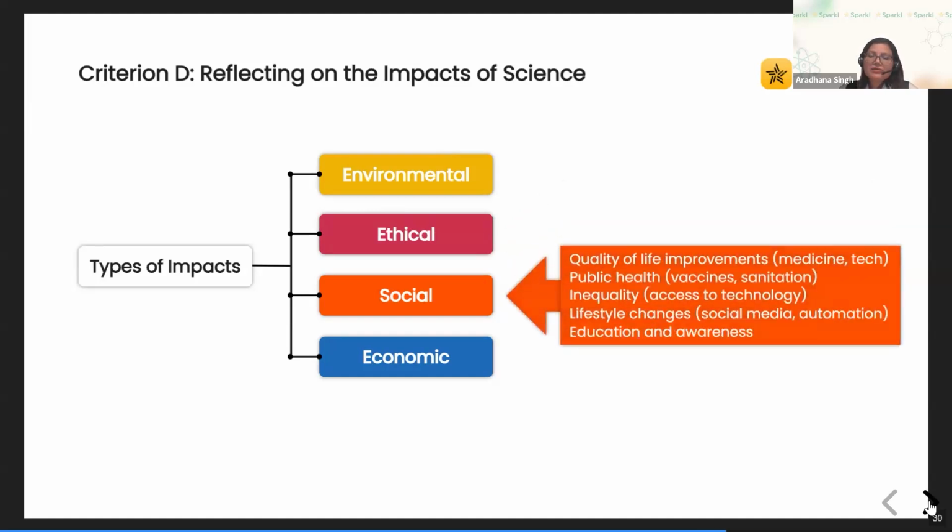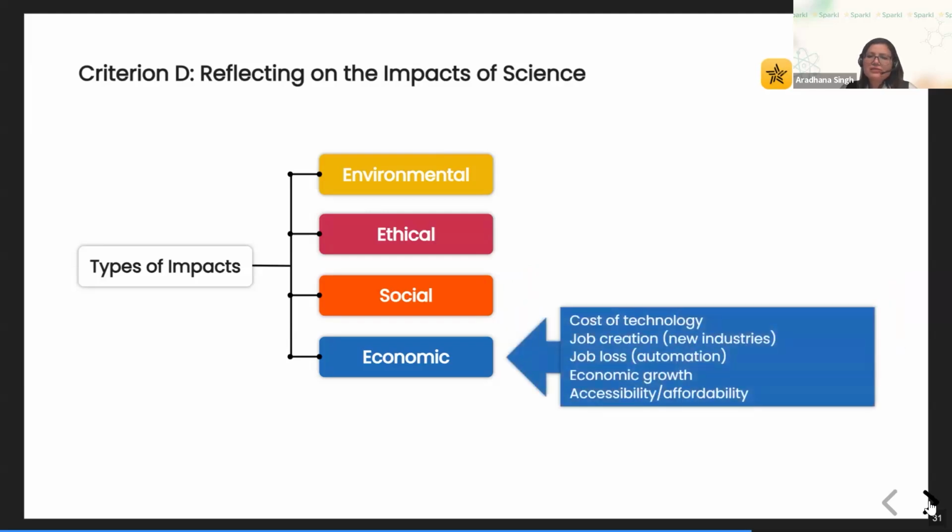Then social impact: public health, lifestyle change, education and awareness, and then economic. You will see all or some of these 4 aspects related questions in criteria D. Whether the technology is too costly, job creation, is it creating jobs or a new industry, or is it taking existing jobs like AI?